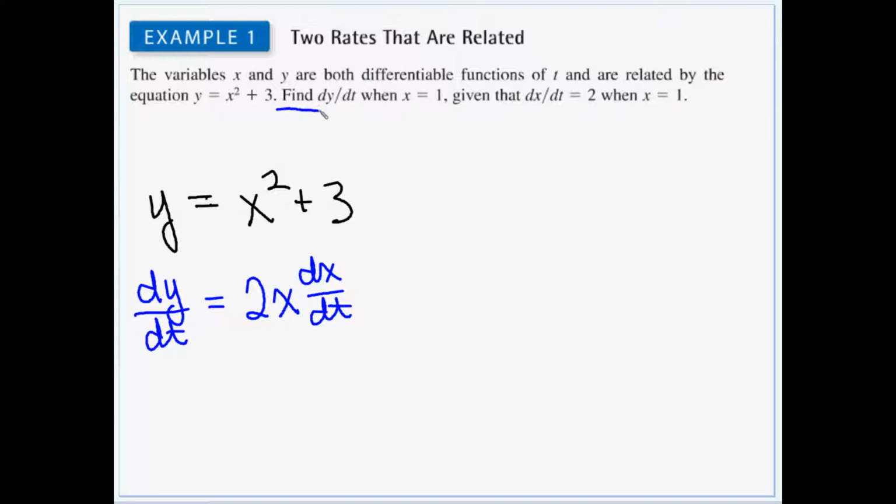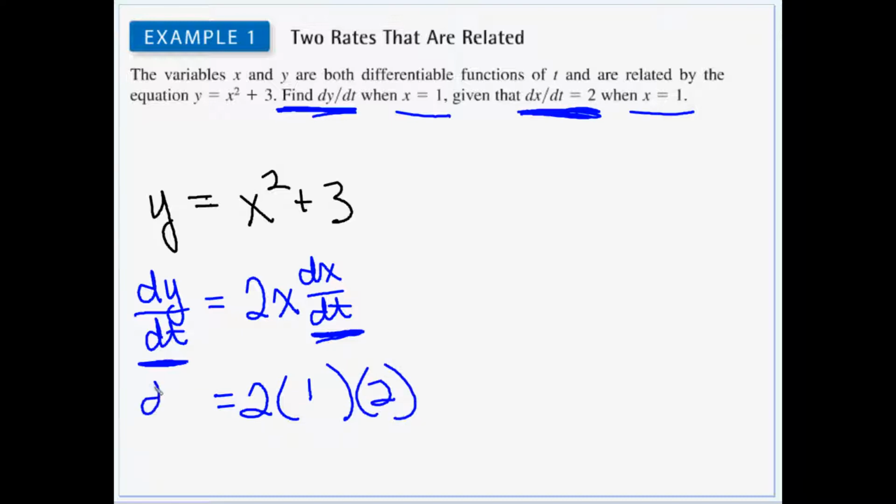They're asking us to find dy dt, and we've got dy dt by itself, so it looks like we're just going to plug some values in over here. We've got a 2, and then x, well, they tell us here x is 1, so we're putting in a 1 for x. And dx dt, well, they told us dx dt is equal to 2. So our dy dt is equal to 2 times 1 times 2, or 4.